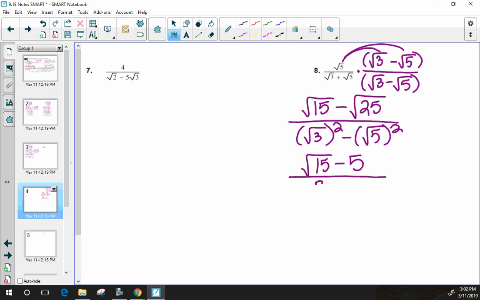On the bottom, I'm just going to get 3 minus 5, and that simplifies to just a negative 2. So I'm going to put that negative out in front. It's not good to leave that in the denominator. It makes it harder to read. So I'm going to just put a negative out in front and then just read that. Negative square root of 15 minus 5 over 2. Okay? Give me some thumbs up or down. How do we feel? Yes?